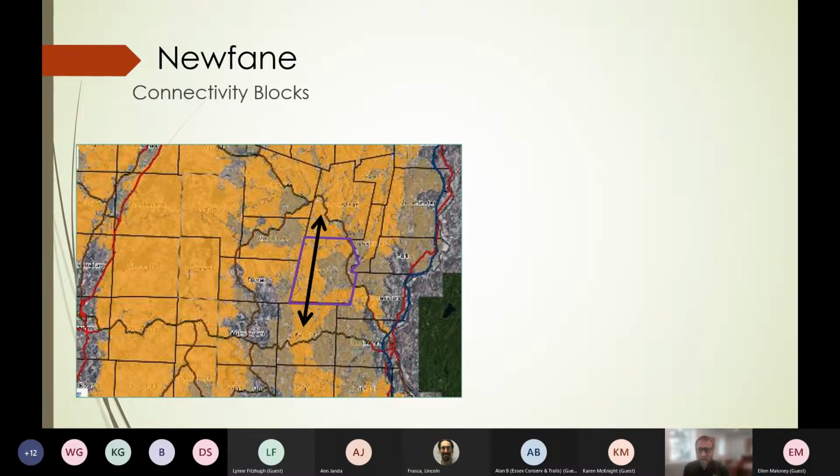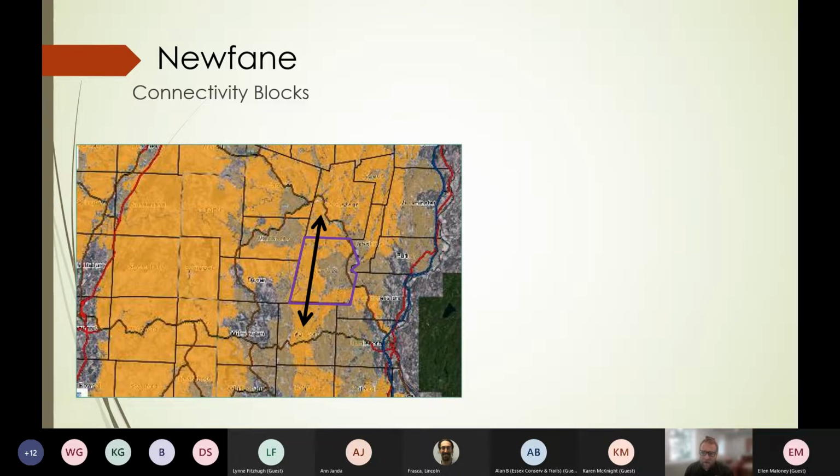It shows the highest priority connectivity blocks. That's what's in orange. And these are the forests in Vermont that form a connected pattern from the Berkshires and the Taconics down south up to the Sutton Mountains of Quebec, or the White Mountains of New Hampshire, or the Adirondacks. These are the connected forests in Vermont that allow for wildlife movement, north, south, east, west, all over.